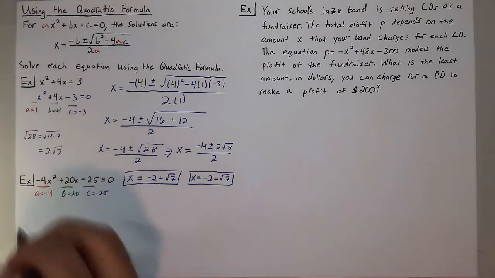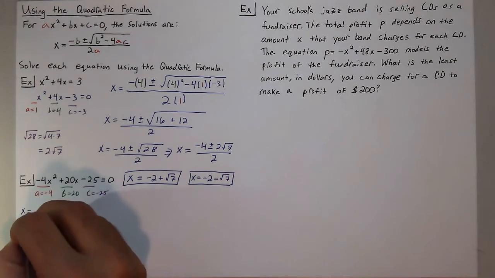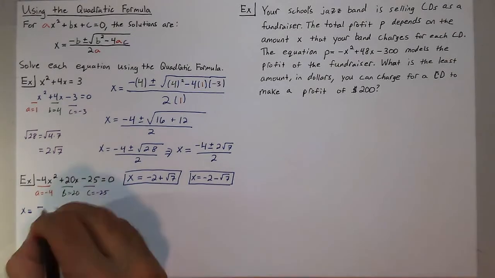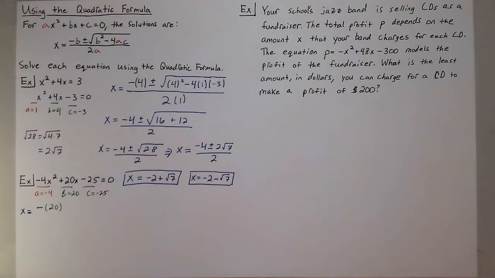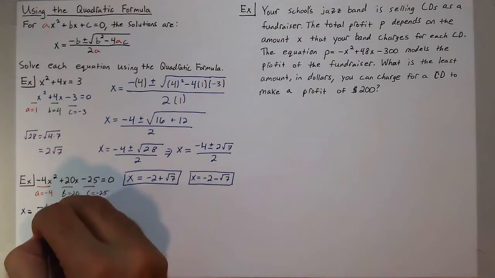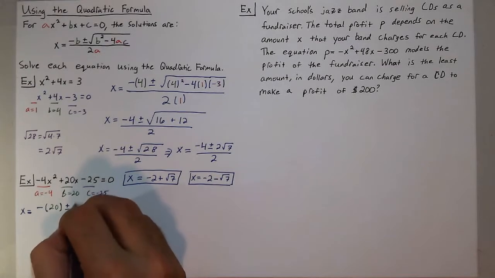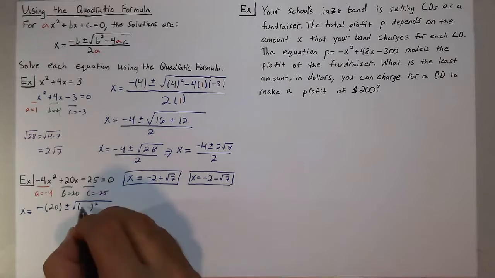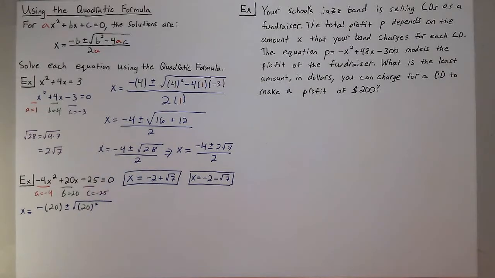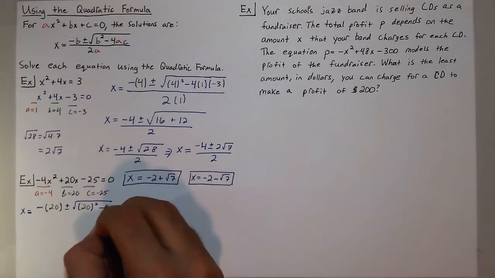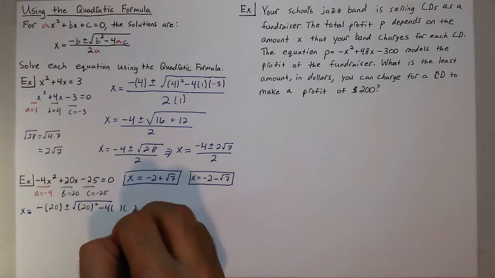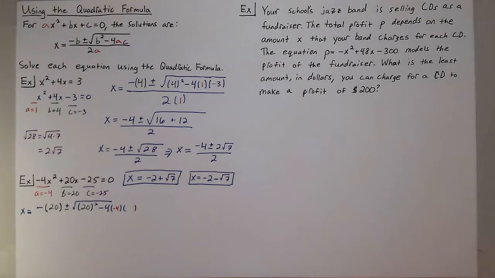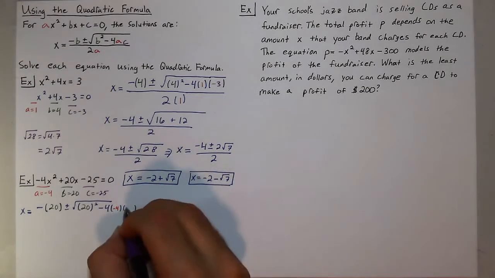So now as I plug this into my quadratic formula, I get x is equal to negative of 20 plus or minus the square root of 20 squared minus 4 times a, which is negative 4, times c, which is negative 25.